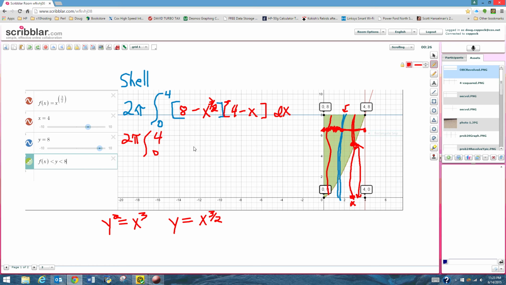Here we're kind of using FOIL, multiplying two binomials together, so I'll get 32. I'll get minus 8x. I'll get minus 4x to the 3/2.